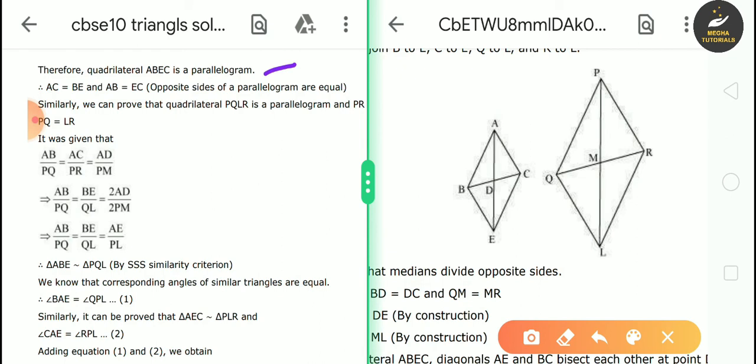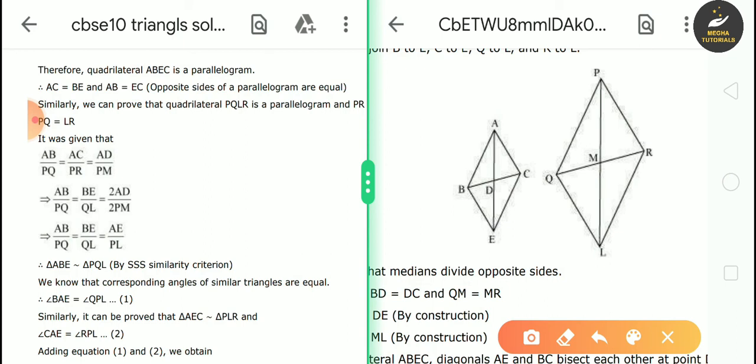Therefore AC is equal to BE, opposite sides are equal, and AB is equal to EC, opposite sides of parallelograms are equal. Similarly, we can prove that quadrilateral PQLR is also a parallelogram and PR is equal to QL and PQ is equal to LR. Okay, so consider this is equation 2.